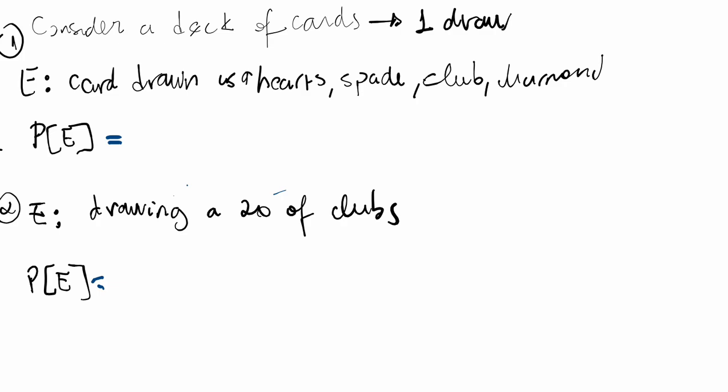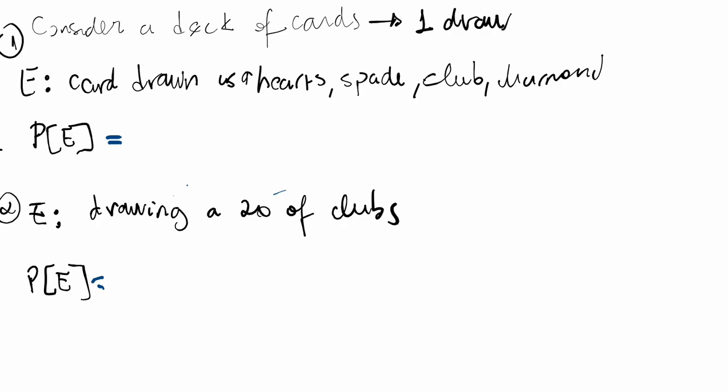So, A's, 1, 2, 3, 4, 5, 6, 7, 8, 9, 10, J, Queen and King, right? So you have this sequence of numbers. You have 13 cards, and this can be 4 different suits.